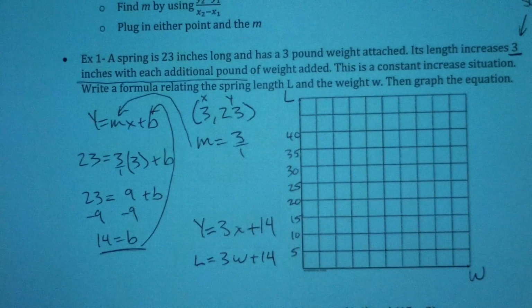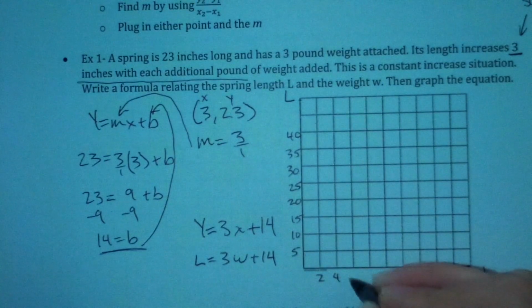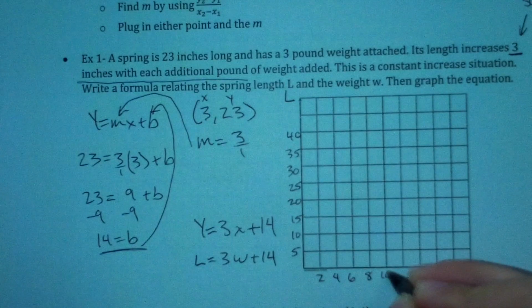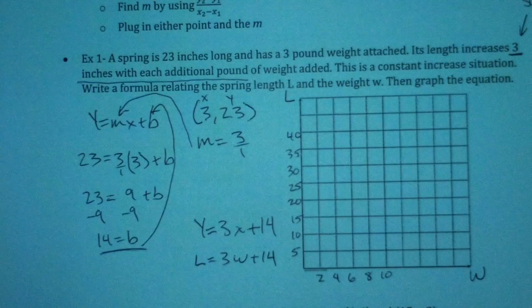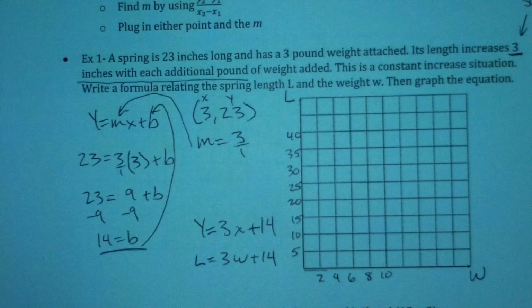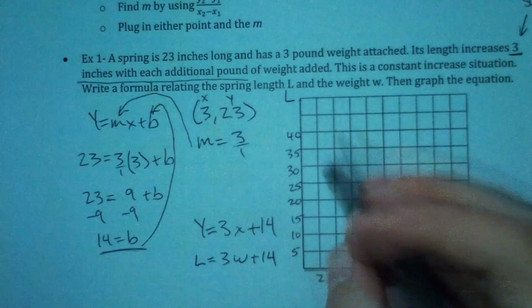And then for each weight increase of 1 pound, we go up 3, right? So if we went over 1 pound, what would our length switch to? We're starting at 14 and we go up 3 inches for every pound. 17, right? Because 3 times 1 plus 14 would be 17. So kind of between the 1 and the 2 would be 17.